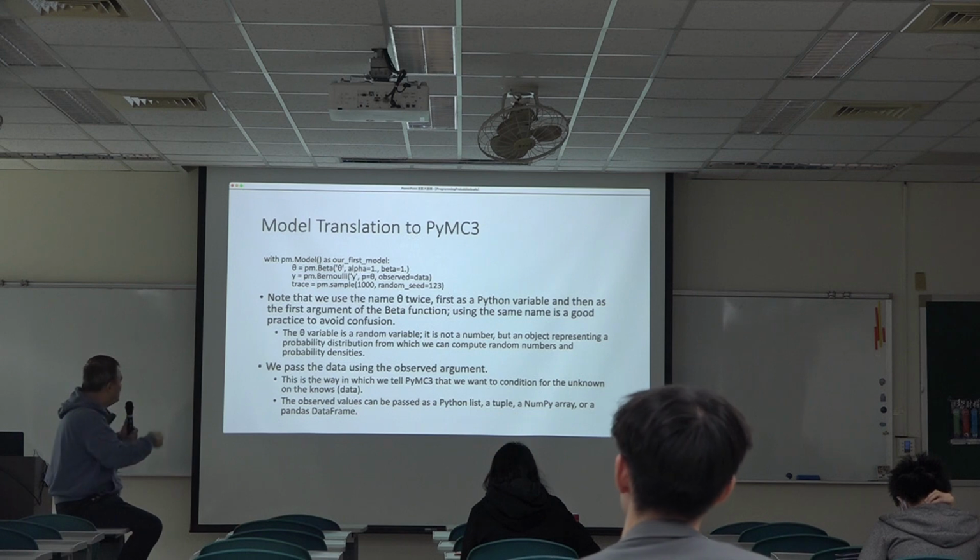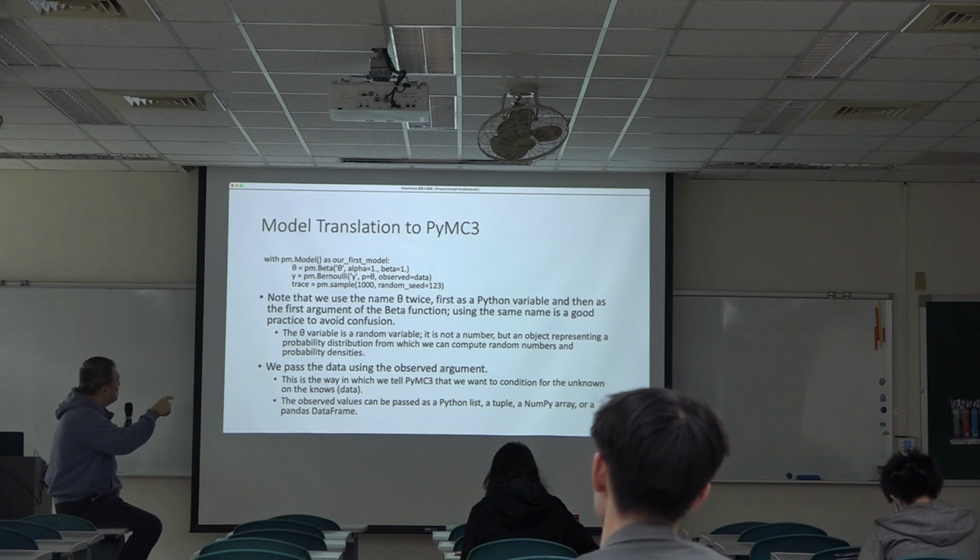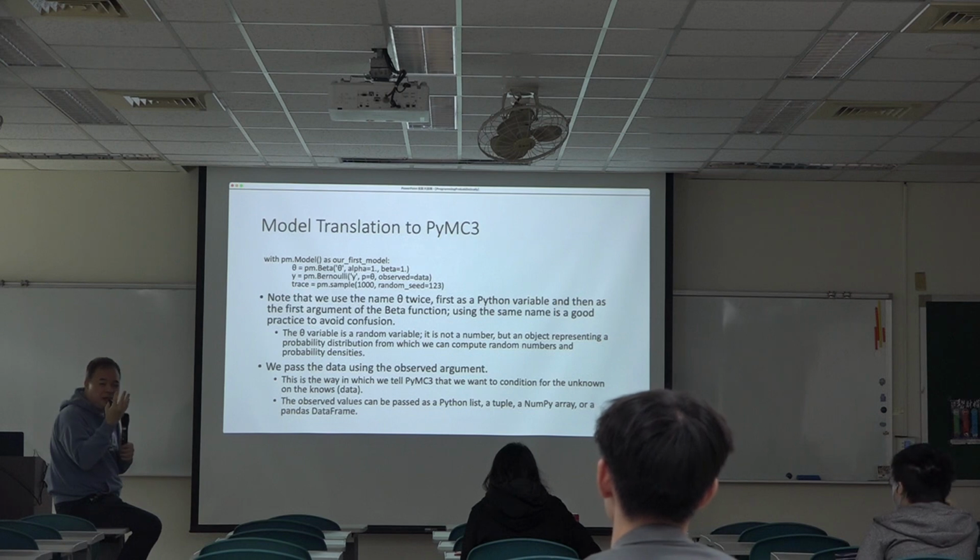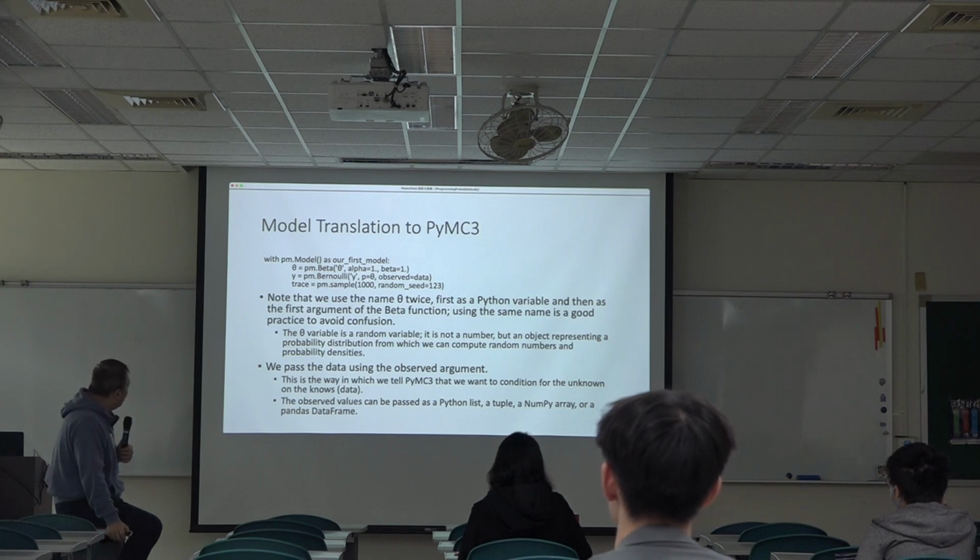And well, y is the data, observed equal to data. Remember, we generated those 4 trials. We feed that into this Bernoulli. Bernoulli is our likelihood, right? And this is our y.